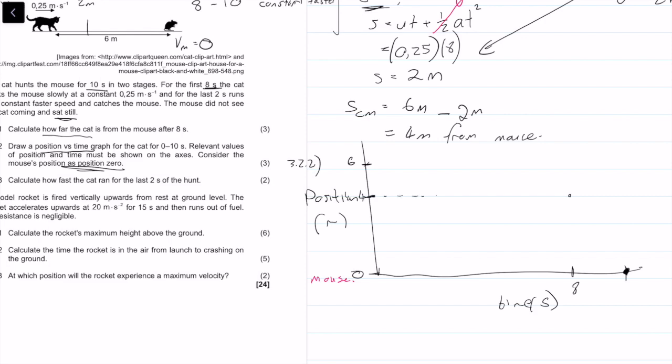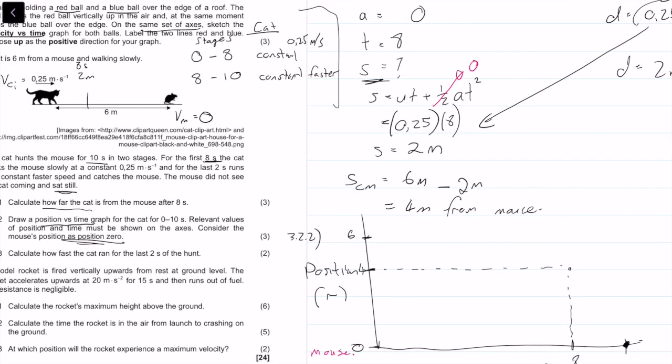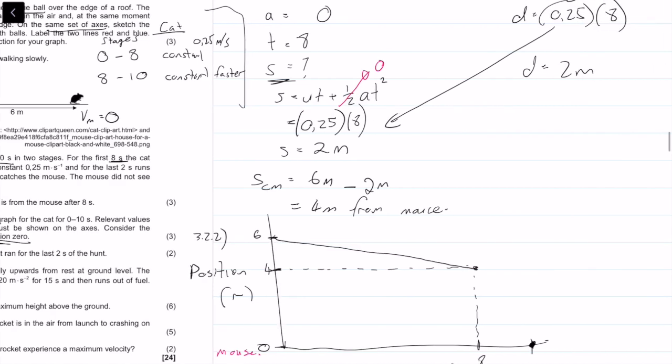So we have that situation right there, and we know that both stage 1 and stage 2 are constant velocity. So for a constant velocity, we will have a constant gradient. Basically all we need to do is connect these points, like that.